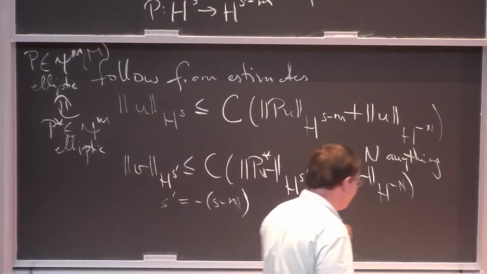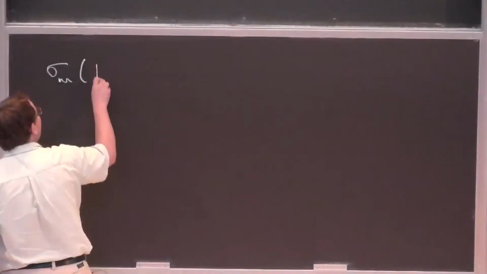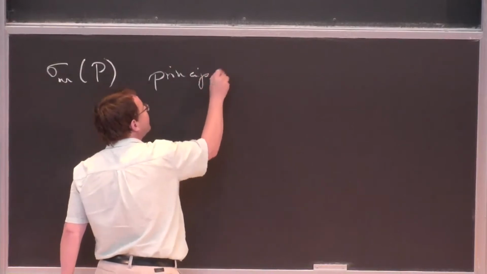Now, one thing I would like to point out before getting there is that Schumann introduced various concepts, such as the principal symbol. So this is the principal symbol, which was defined as an equivalence class.